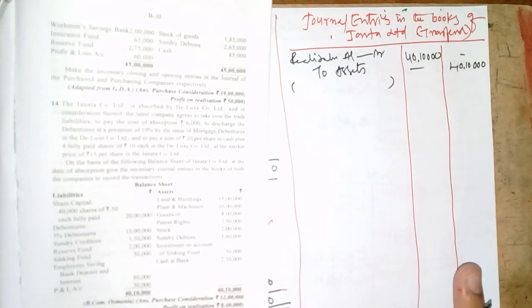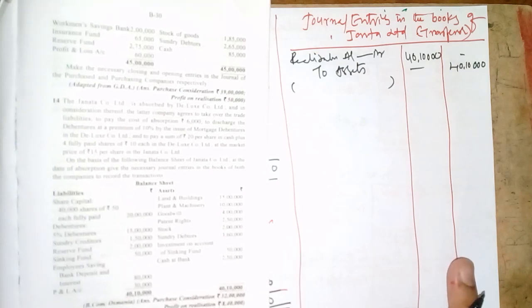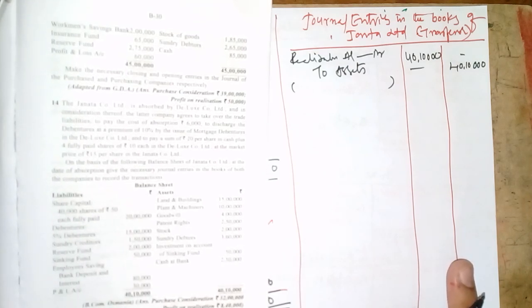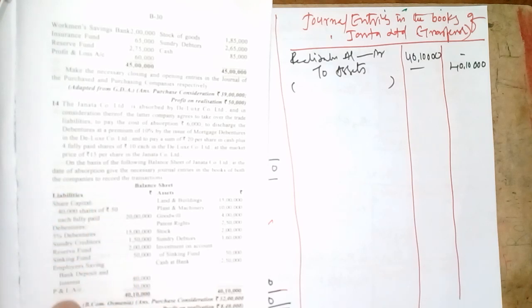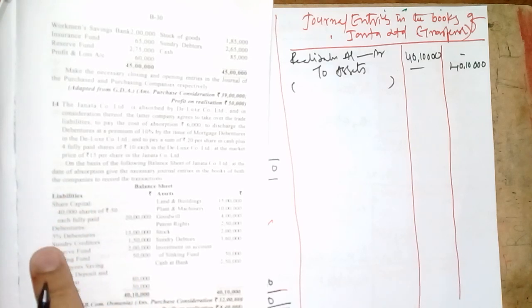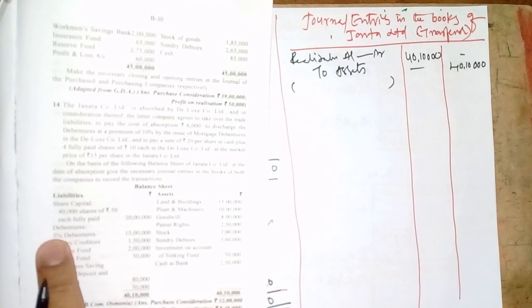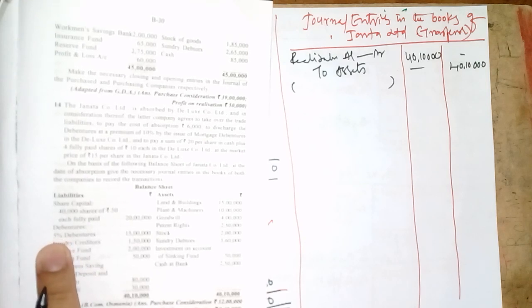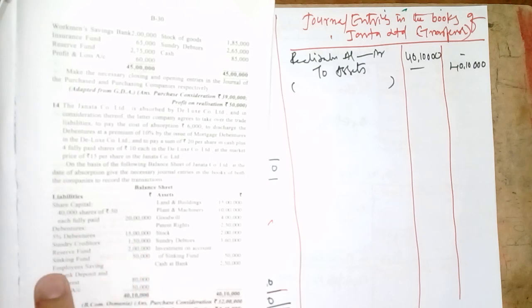And the next entry, transfer of external liabilities to realization. When you see the external liabilities, we have only three external liabilities. One is debentures 15 lakhs, sundry creditors 1,50,000, and employee saving account deposit and interest. These three are external liabilities.